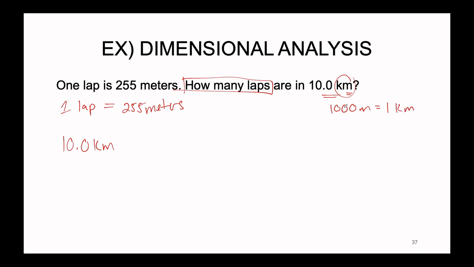So if we're trying to figure out how many meters there are in a kilometer, so that we can figure out how many laps there are in a meter, the first conversion we are going to want is to get out of the unit of the kilometer and into the unit of the meter. What this means is that we want to make sure that kilometers are in the denominator of our conversion factor, so that we can answer how many laps there are in that meter and actually solve the problem.